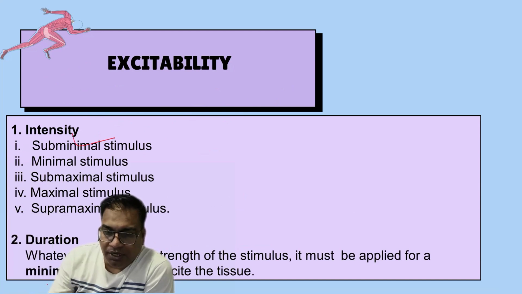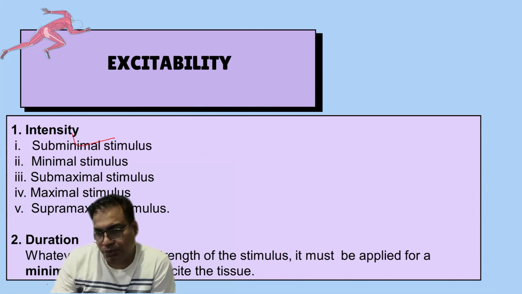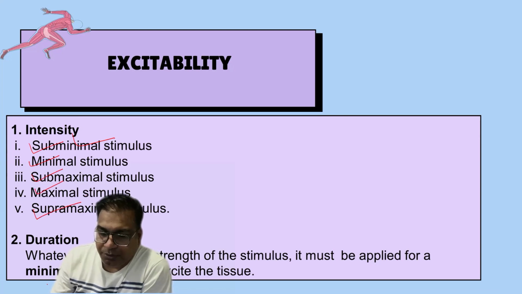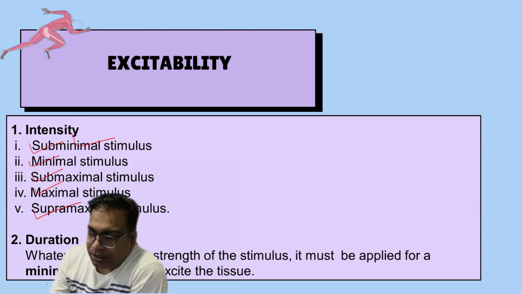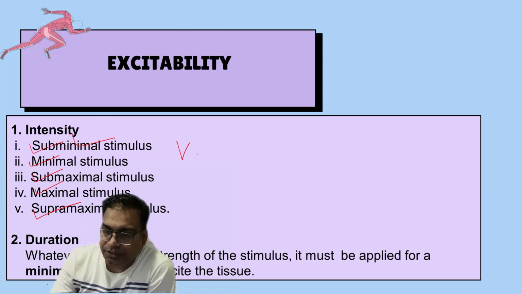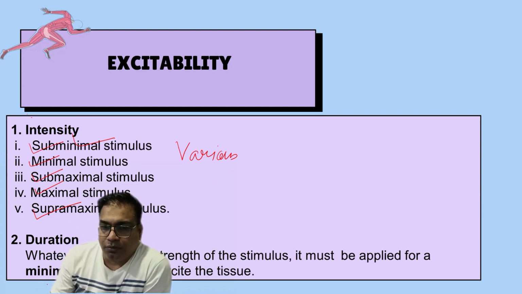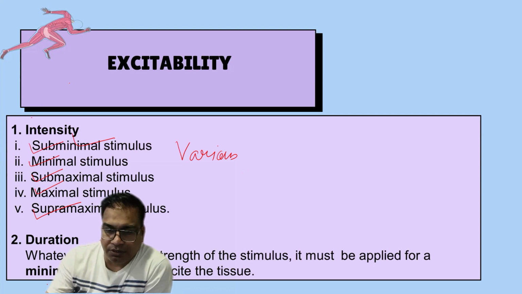Now come to the intensity. Intensity could be at a level of subminimal, minimal, submaximal, maximal, or supramaximal. These are the various kinds of intensity which could be shown by the muscle cells.